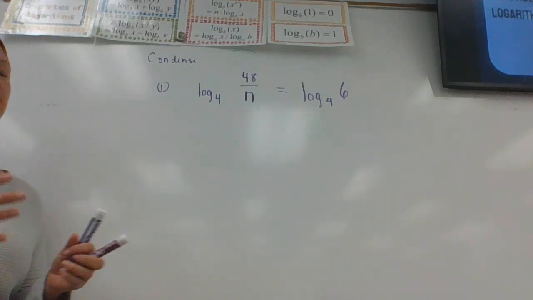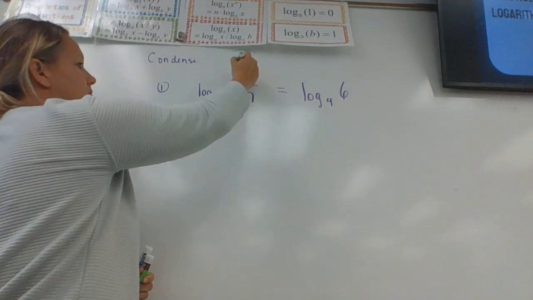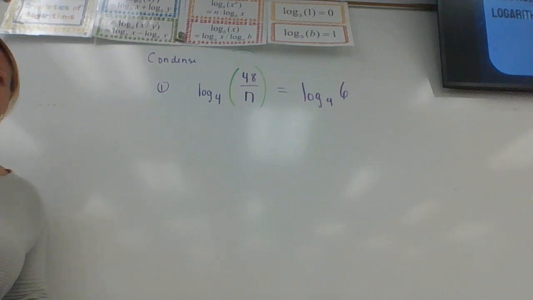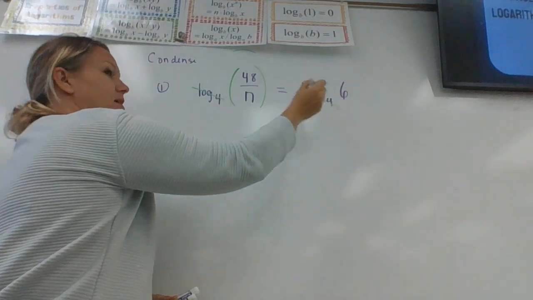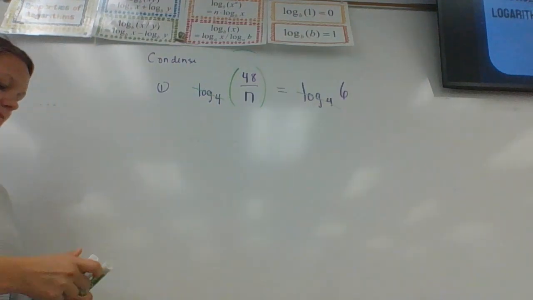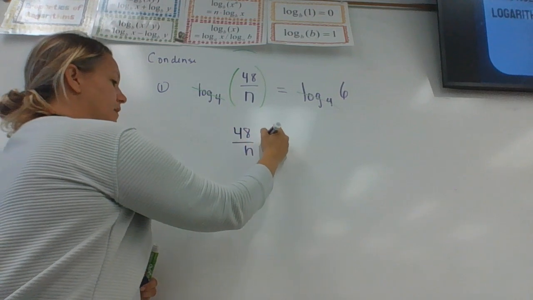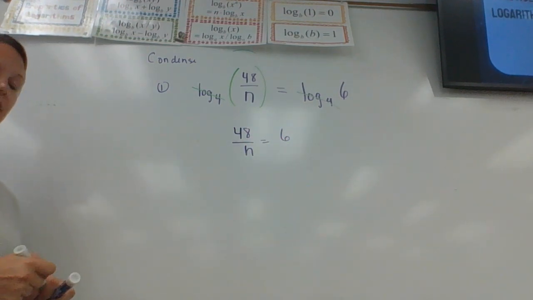Fractions and subtraction are connected when it comes to exponents, and logarithms really are just exponents. So now we have the same base, so the same log, we can cancel logs. And now we just have a little linear equation. Solve that. That's not anything new to you.